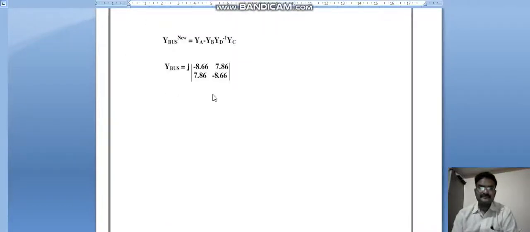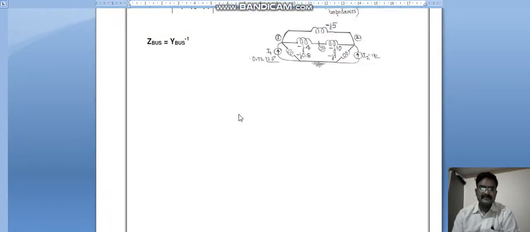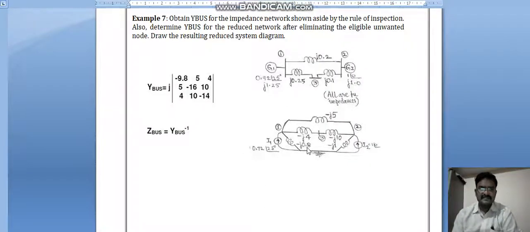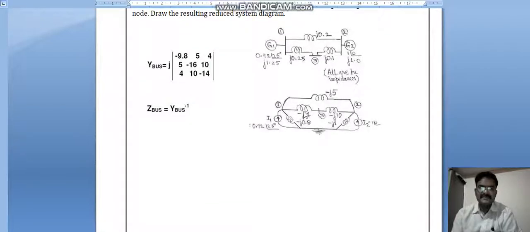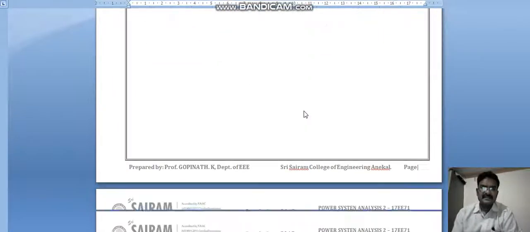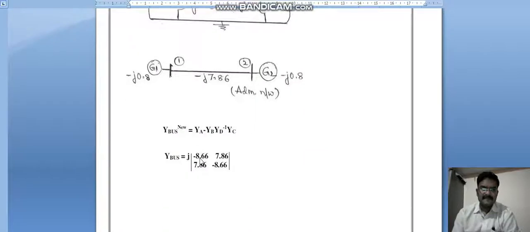From this, we get Y bus with generator 1, generator 2, the transmission line, and a load. If we simplify this, we get Y bus equal to j times minus 8.66, 7.86, 7.86, minus 8.66.